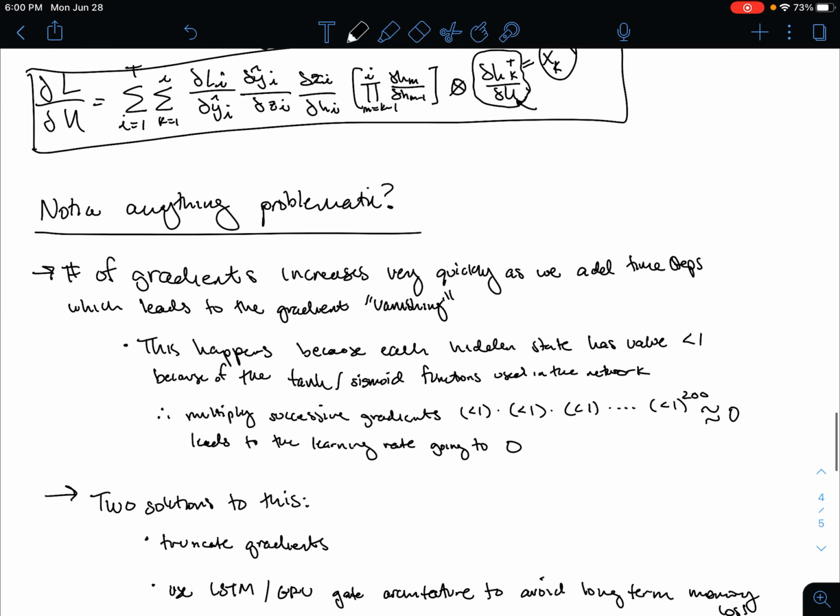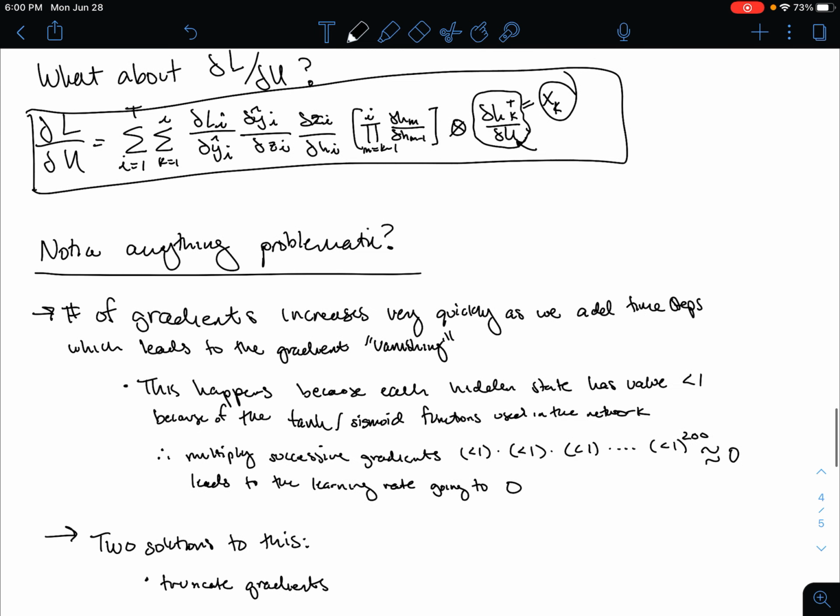Now, one last thing I want to point out is, do you notice anything problematic about these expressions? Well, if you didn't, I did. One thing to call out here is that we have a summation nested inside of a pi product nested inside of a summation nested inside of another summation.